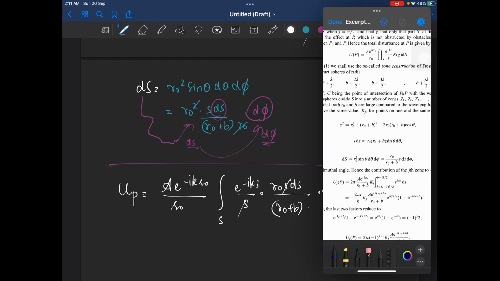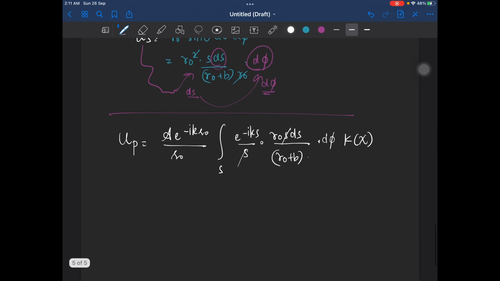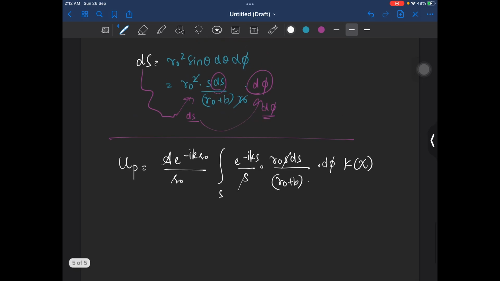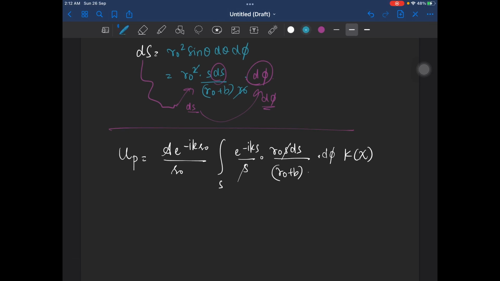What shall we do with that? One thing which is discussed in the book is not going to be larger than wavelength.